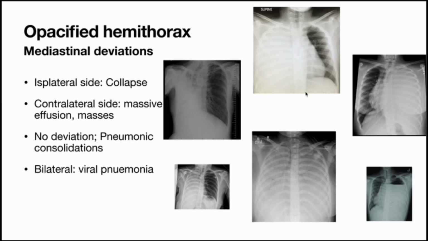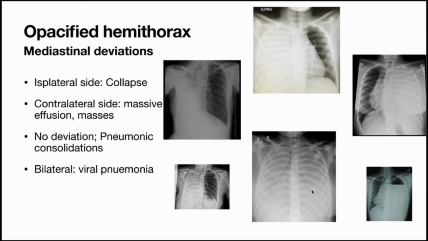Okay, the examples down here again show that yes, the homogeneous opacification with the traction of the trachea may mean the lung is collapsed. You can also see the crowding of those ribs. Then if there is an air-fluid level, like we see in this image, then we can also say this is hydropneumothorax. Some conditions like the pneumonias, especially the viral pneumonias, may cause bilateral opacification.